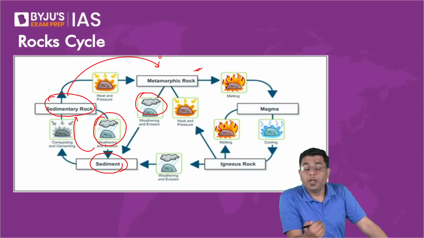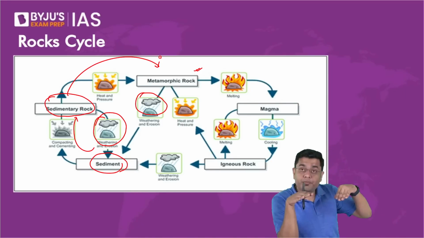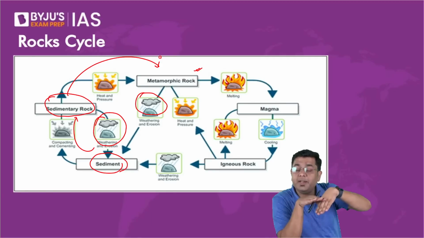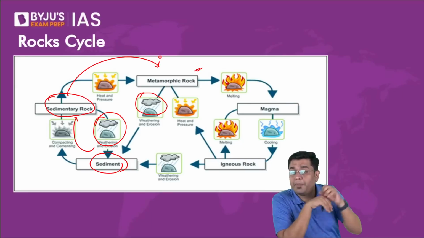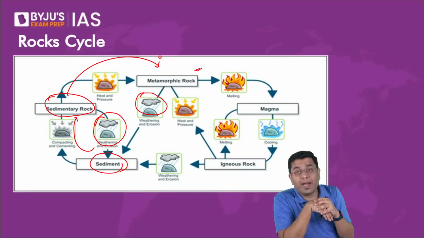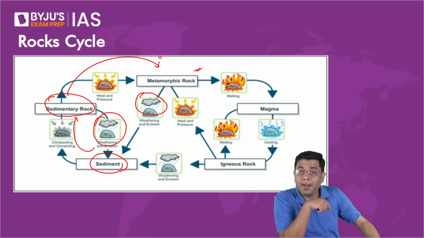Now let's suppose due to the movement of the rocks, one portion of the crust goes underneath the other portion. Now there it will melt as it goes underneath the other portion of the crust at a depth. Due to high temperature, it will melt, it will form magma.